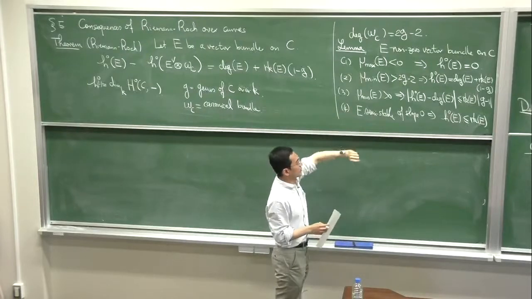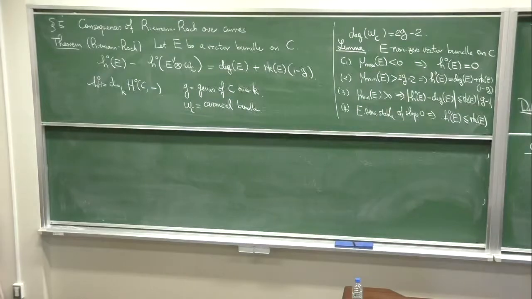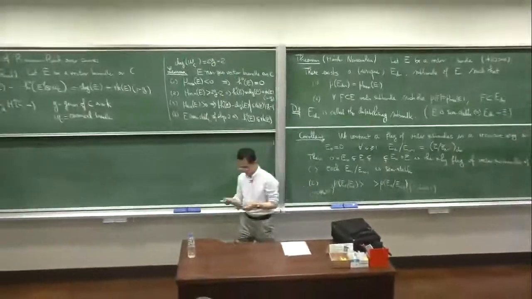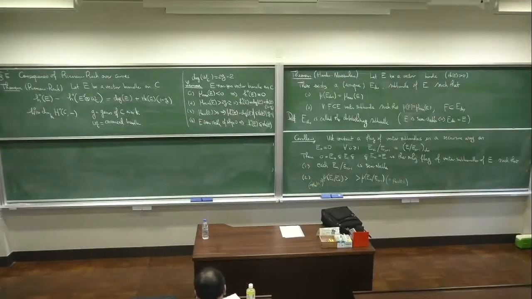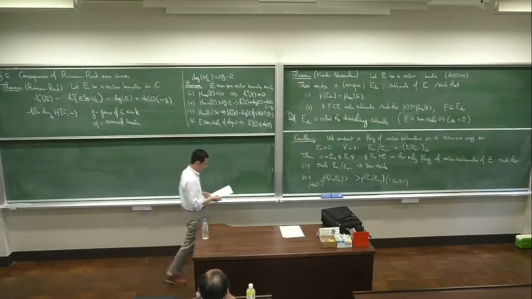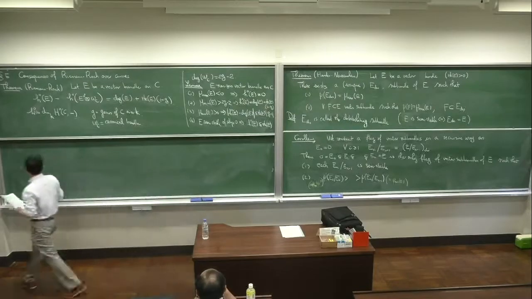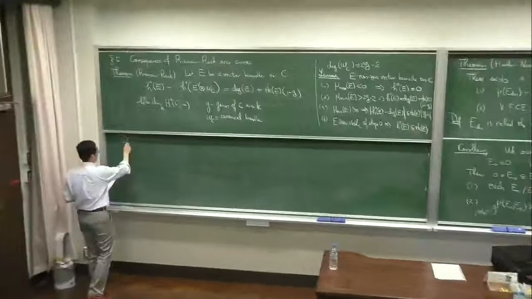And finally, the fourth statement is some inductive argument on the rank of E. I will leave this to you as an exercise. These are not very complicated by using the Riemann-Roch theorem, just some exercises. So now we will come to the alternative candidate for the H0.